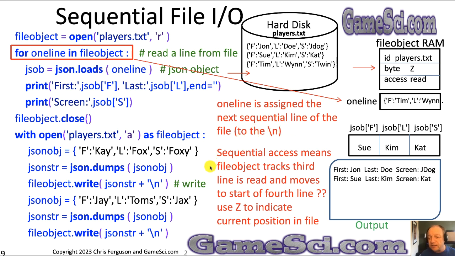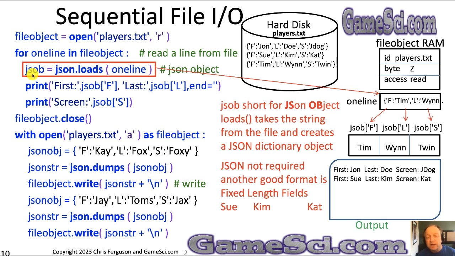Sequential access means file object tracks the third line is read and moves to the start of the fourth line. But watch out, there's a couple question marks there. We'll use Z to indicate the current position of the file. So we've read this third line up to the \n, and we are technically now here at the start of the fourth line, but let's be careful. We're going to talk about that very shortly, what goes on there.